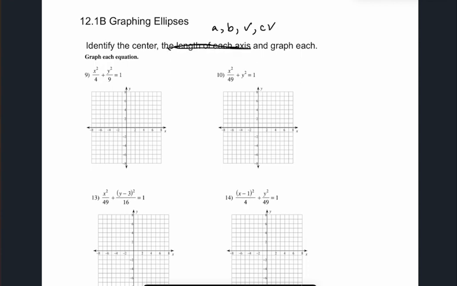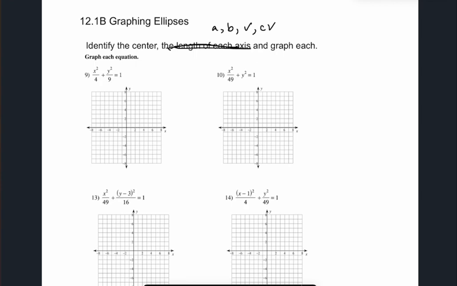Okay, so exactly like I had done in the examples. And you can label them on there. You can show me the math like I had done. So I need the center, the A, the B, the vertices, and the co-vertices, and then you're going to graph each of those.